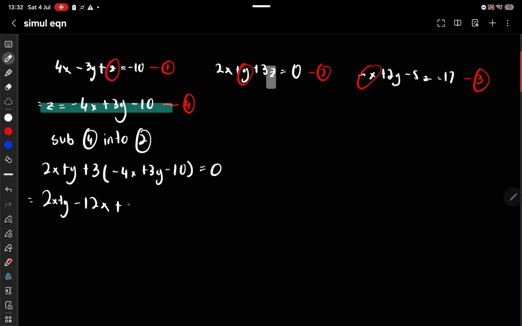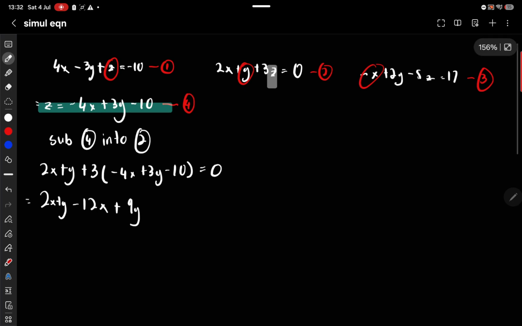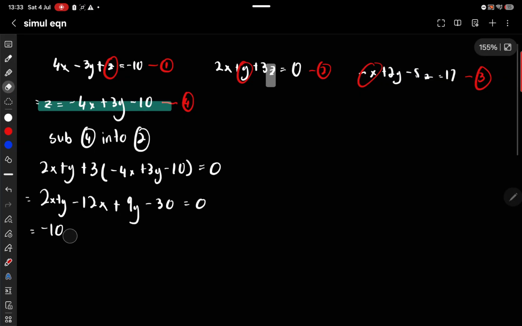So it becomes positive 9y, and then plus 3 times negative 10 becomes negative 30 equals 0. Here we'll simplify: 2x minus 12x is, let me use my calculator, negative 10x. And then our positive y plus 9y is 10y. We bring our 30 to the back, which becomes positive 30.